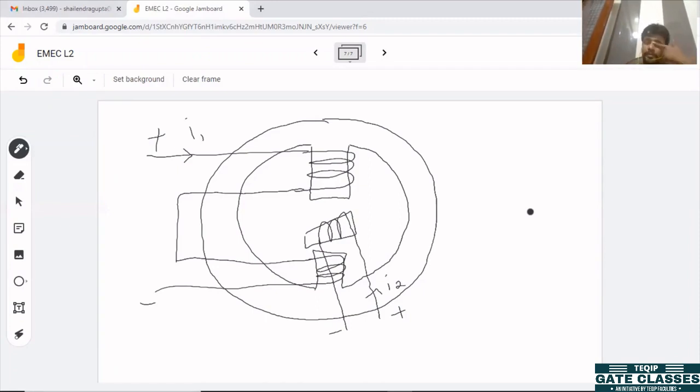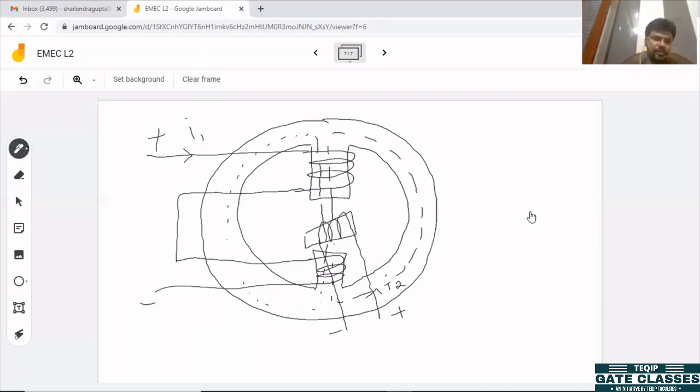So now the reluctance torque will try to minimize the path of the fluxes, which is like this. Okay, so how it can minimize the reluctance?